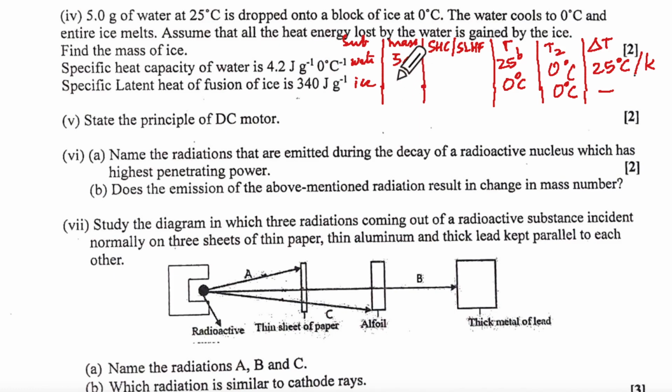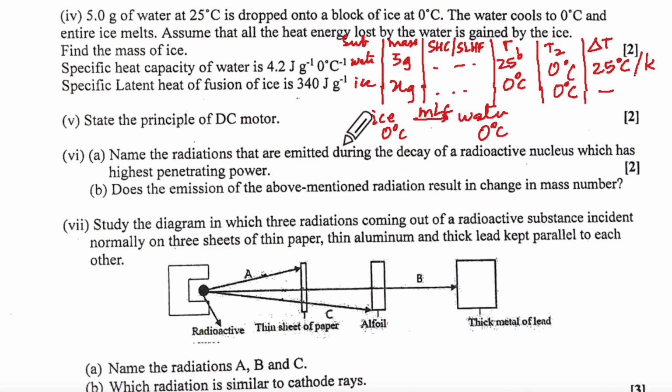Yes. So they are saying what is the mass. So we will call this M, or you can call it X, better still, X grams. Now all this you can fill up later on, but you will have to show ice at 0 degrees C is going to become water at 0 degrees C. So the heat will be given by MLF.